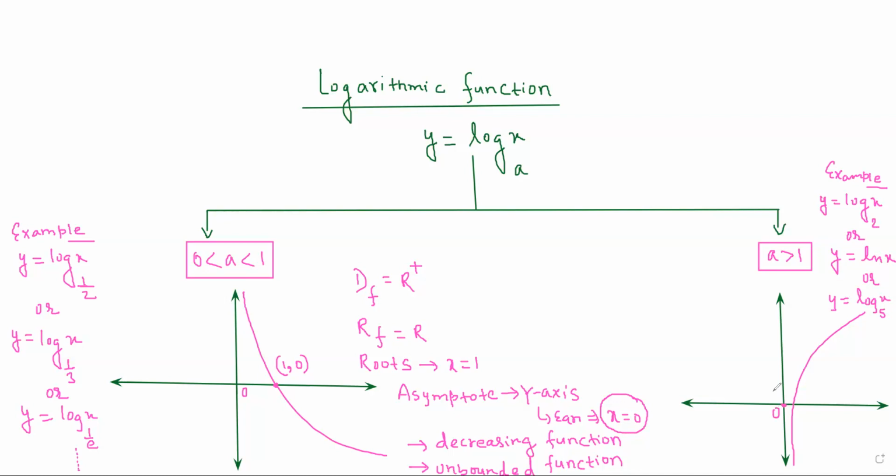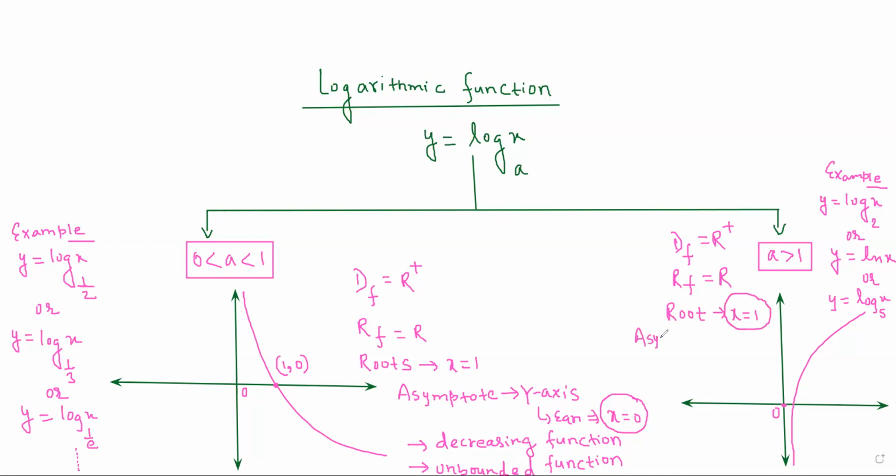I think, beta, clear. So what is the domain of the function here? Domain is R plus. What is the range of the function? The range will be simply R. What is the root? The root is x is equal to 1. What is the asymptote?